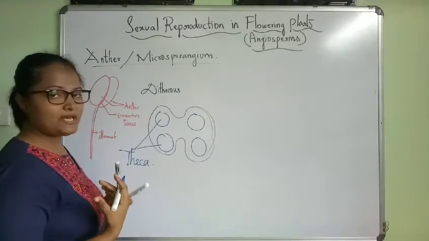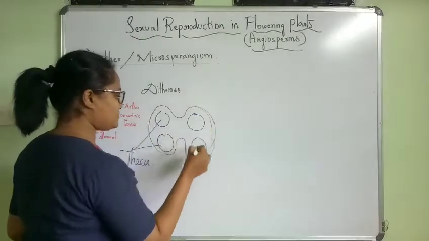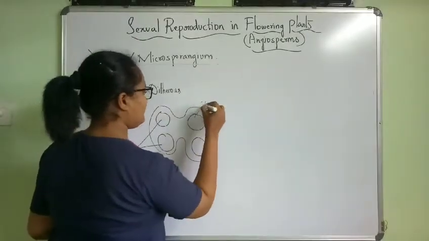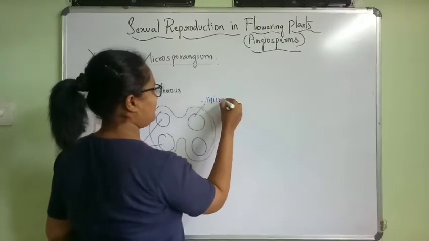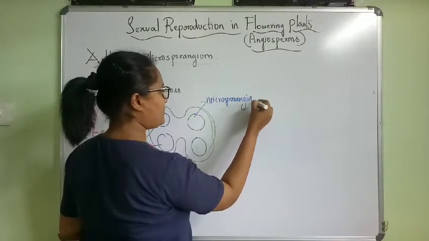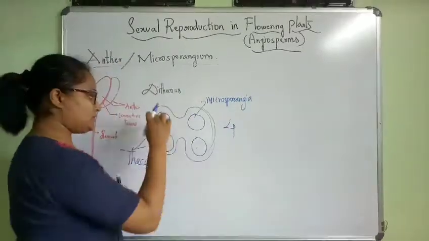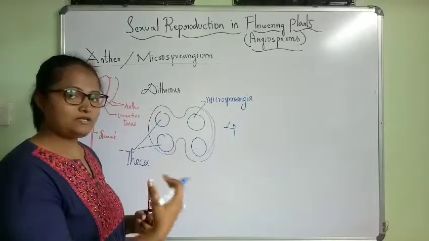So hence it is called dithecous. And these structures are called microsporangium or microsporangia. So there are a total of 4 microsporangia at the 4 corners.